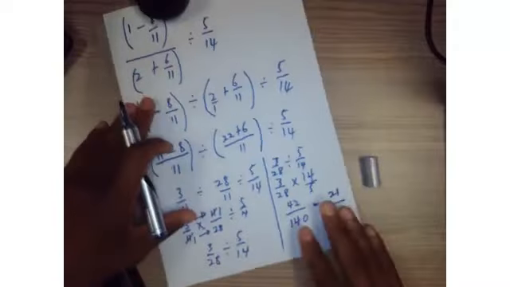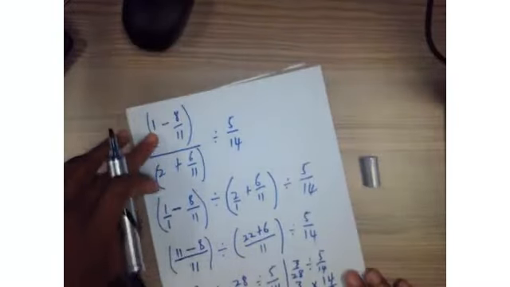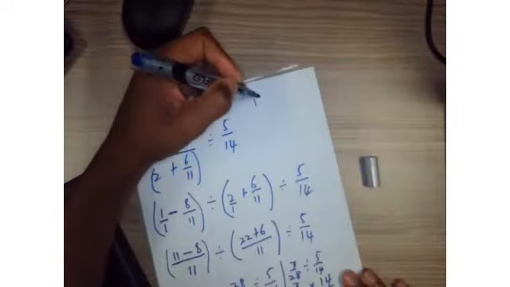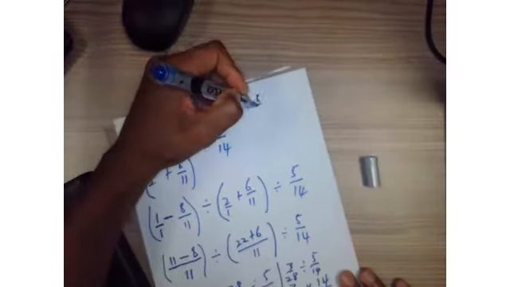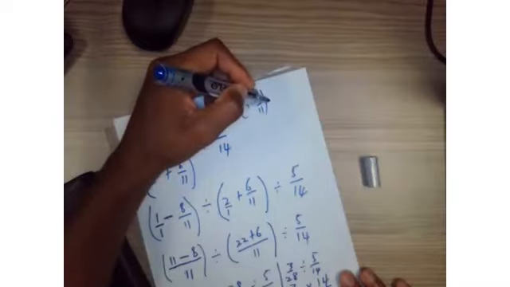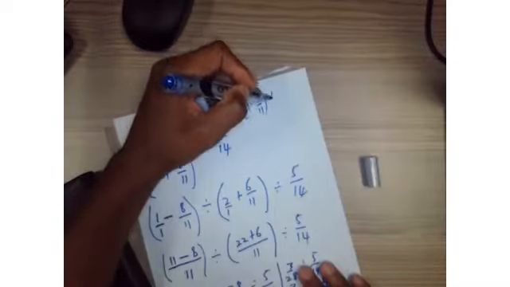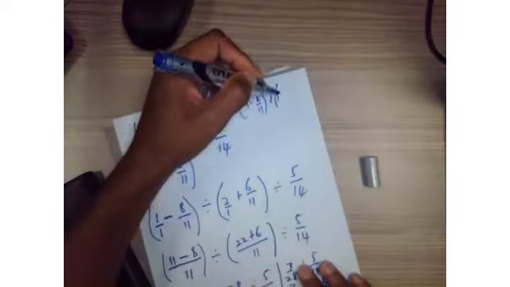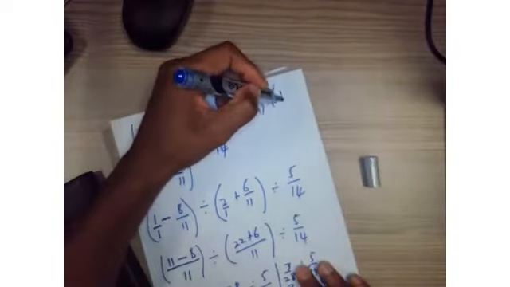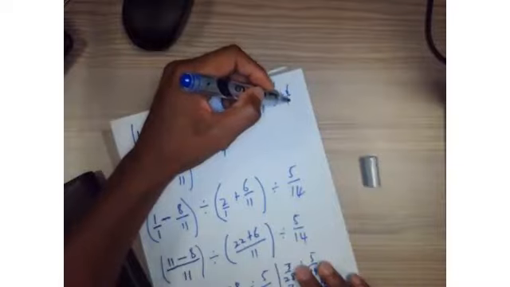Notice when you're working with your calculator, it's 1 minus 8 over 11, right? And then you divide by 2 plus 6 over 11, right?